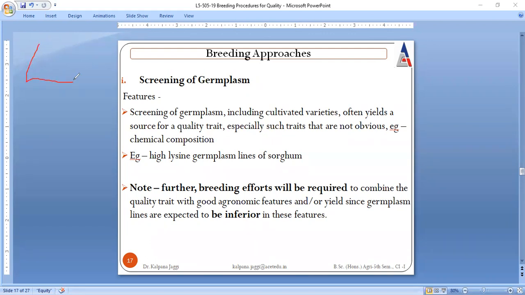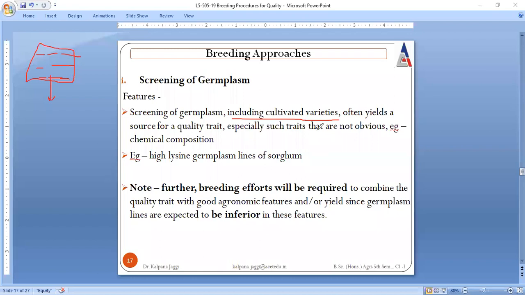If this is the germplasm, we need to screen this germplasm, and very importantly we screen it including cultivated varieties.